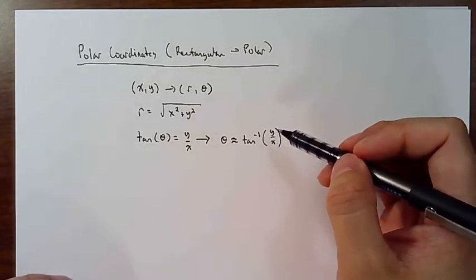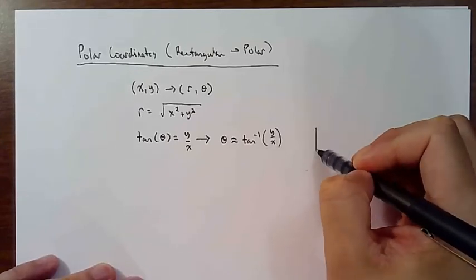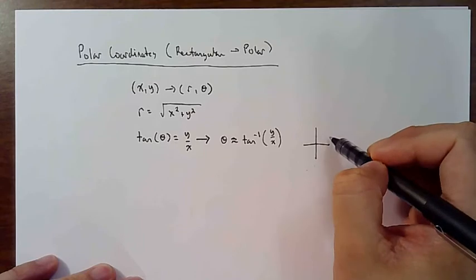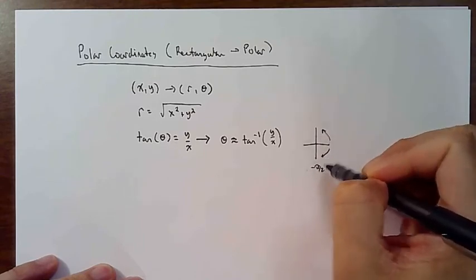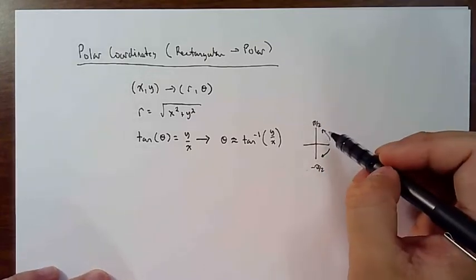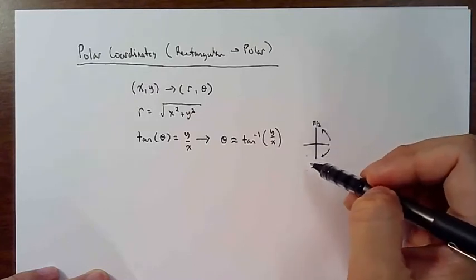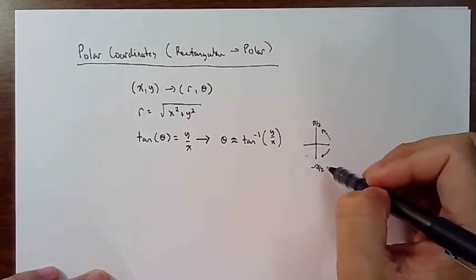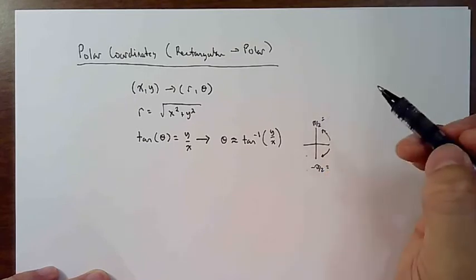It could give you something in the wrong quadrant, because if we remember arctan's properties, it actually gives you things only between negative pi over 2 and pi over 2. So if you get an angle over here, but your point is supposed to be over here, you need to do some adjustments. Oh, and we will probably not be using radians for this.